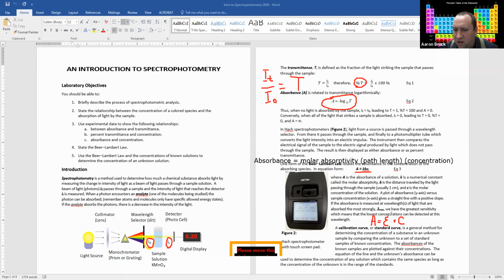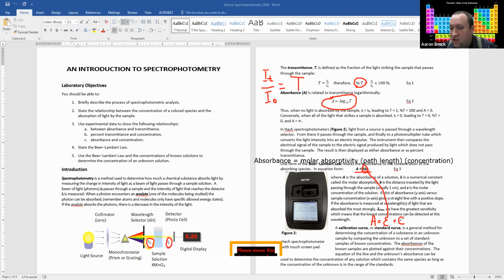And since that value epsilon is going to be equal to the path length and the molar absorptivity multiplied by each other. Now, this particular relationship is pretty interesting because what we can ultimately do is create what is called a calibration curve, where we make a bunch of different solutions of different concentrations.